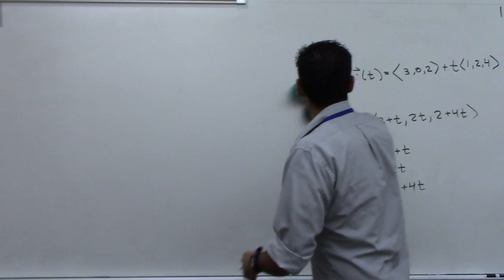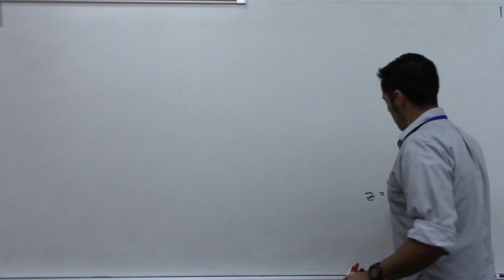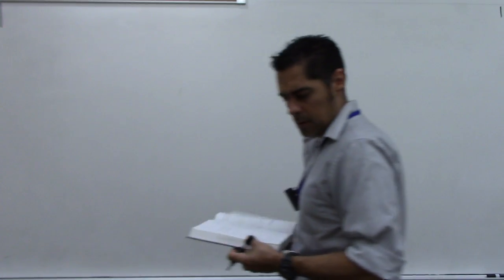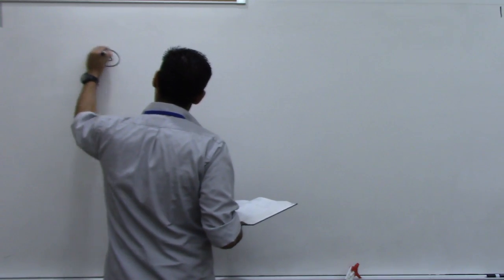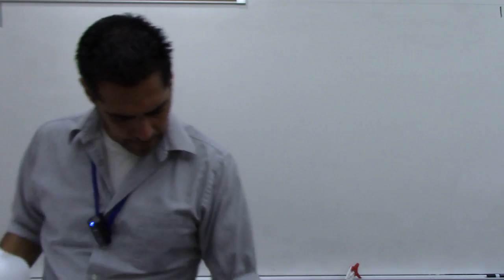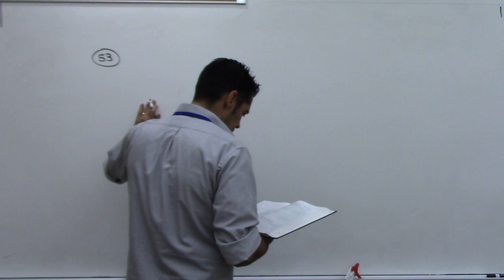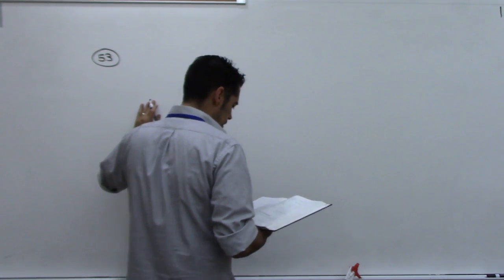It took me a second reading it to understand what they wanted. So for 53, we want to, well, I was supposed to be doing odds here. Whatever. Stop paying attention to that. Find a vector equation of a tangent line to the curve of intersection of these cylinders.